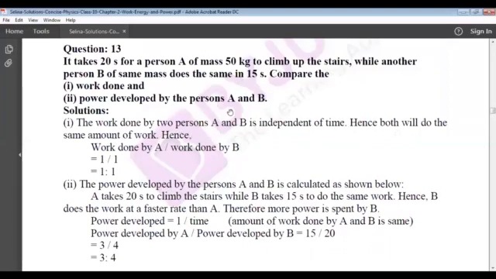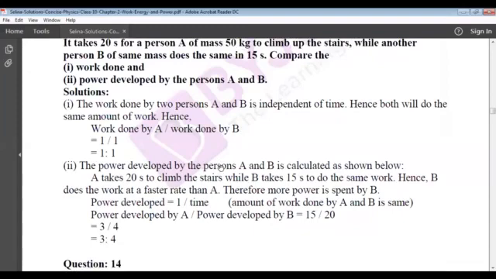We know that work done is nothing but force into displacement, and it is independent of time. Therefore, the work done by both the persons is the same. So work done by A divided by work done by B is 1 divided by 1, that is the ratio is 1:1.